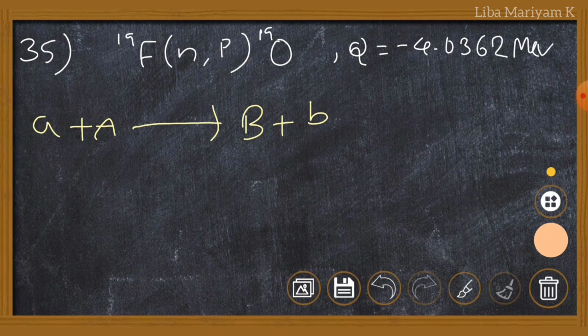In this reaction, small letter a is projectile or bombarding particle and this is target nucleus, thereby producing a daughter nucleus. This is residual or outgoing particle.